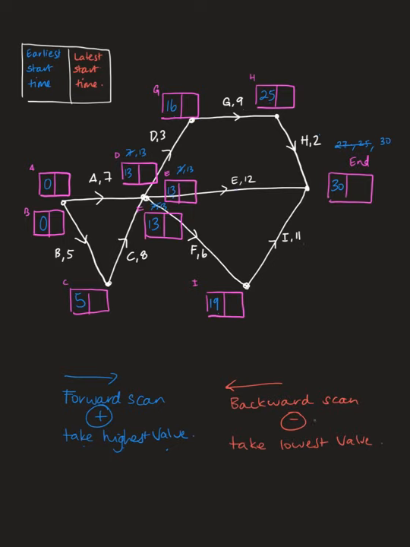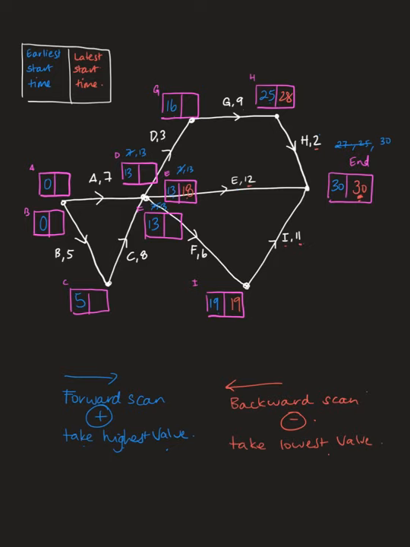I'm now going to subtract in the opposite direction of the arrow, and I'm going to take the lowest value if there is an option. So I put in the same number that I get for the last box. So 30, and I might take H first. So 30 minus 2 for box H is 28. 30 minus 11 for box I is 19. 30 minus 12 for box E is 18.